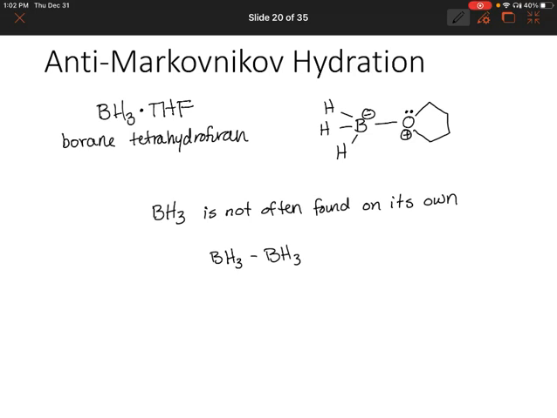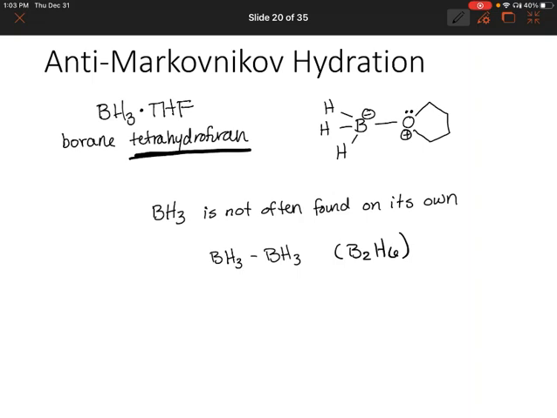We actually just abbreviate it as B2H6. So for this particular reaction, we really just want one borane molecule. We really don't want two. So in order to isolate borane, we add this tetrahydrofuran in there so that we can just get that single BH3.